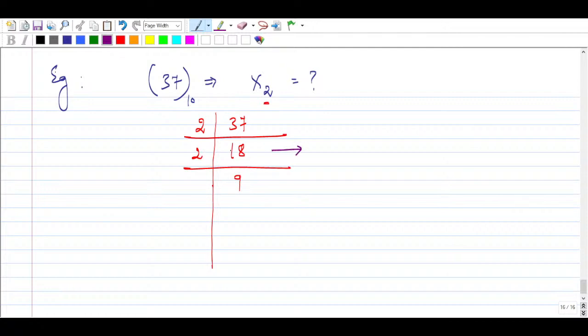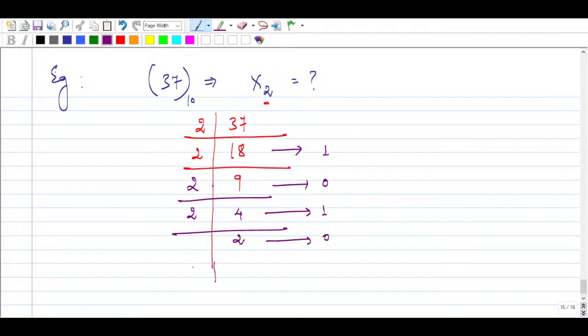Here you will get 1, because 36 is here, so 37 minus 36 is 1. Then here you will get 0 as a remainder, here you get 1 as a remainder, then here 0 as a remainder, then 1.